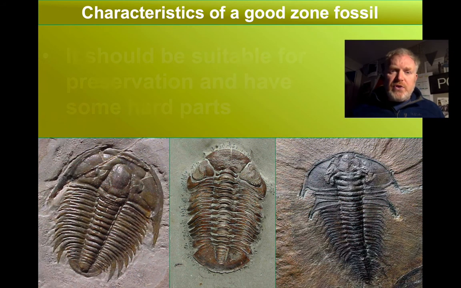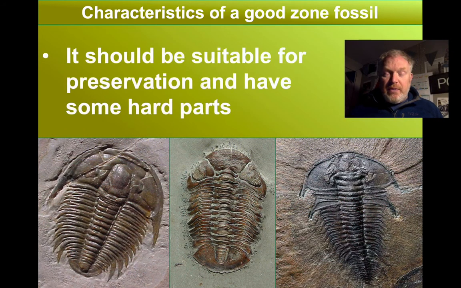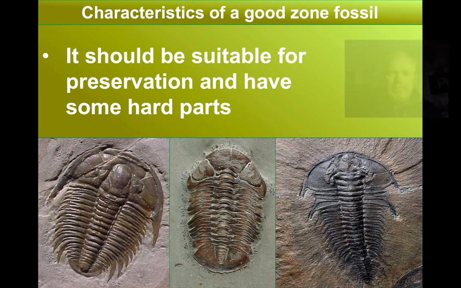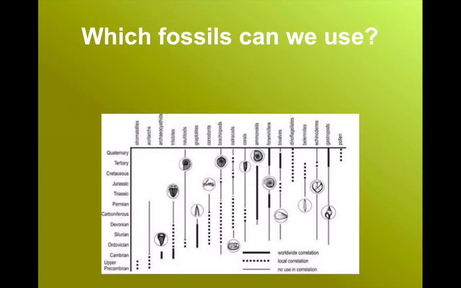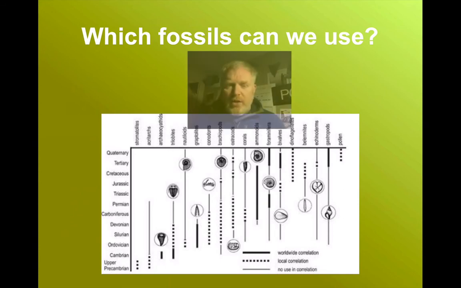Now, to be a good zone fossil, it also needs to make a good fossil. It should preserve well. It needs hard parts. We need a fossil to easily preserve, so we can find it in the rocks that we're looking for it in. Now, there's quite a lot of criteria there.